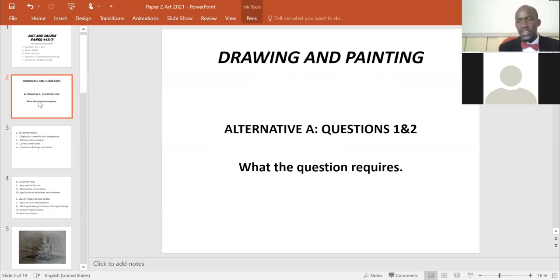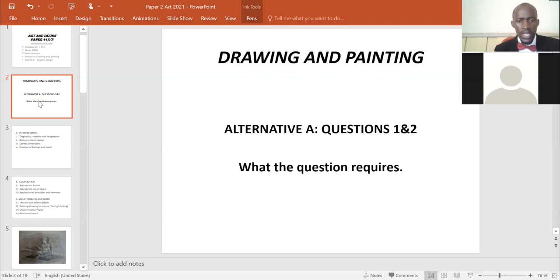description. So you're given a descriptive type of composition, what sometimes we would refer to as a still life composition. The wording in the questions restricts the candidates from straying.